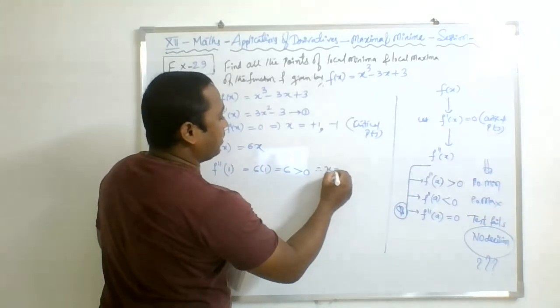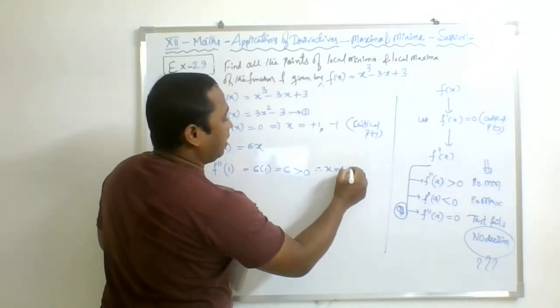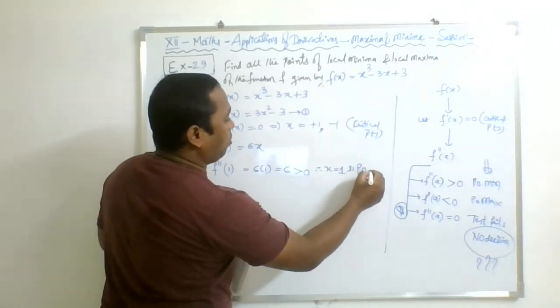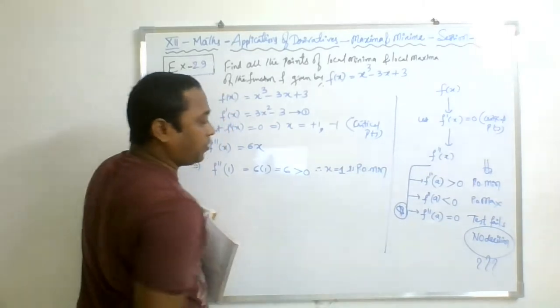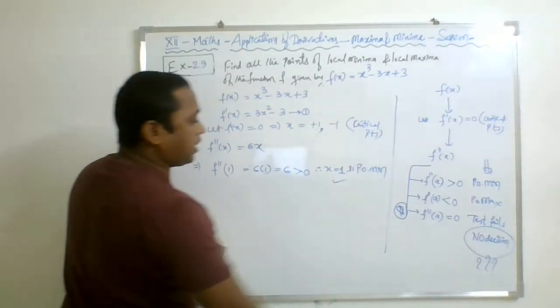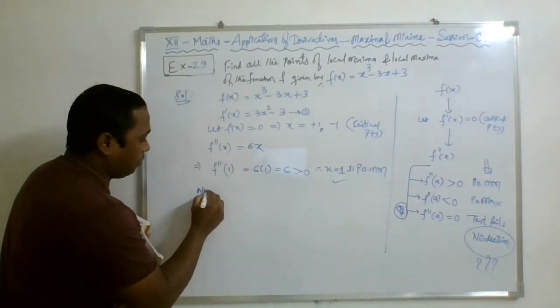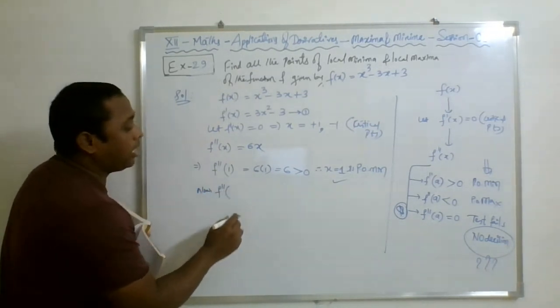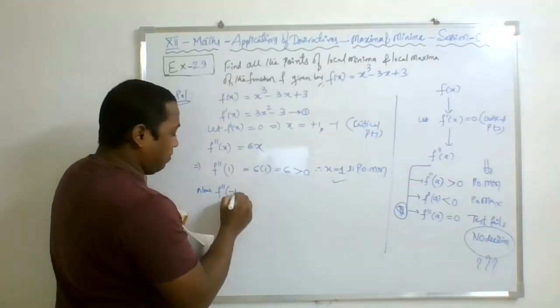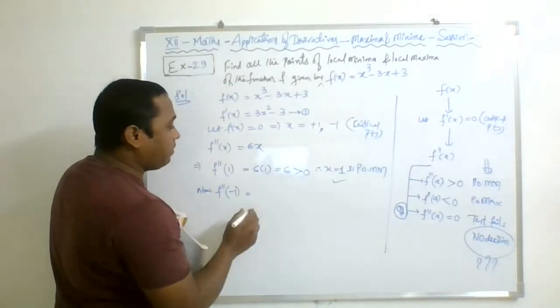Therefore, x is equal to 1 is the point of minima. Decision taken. Now put the other critical point, minus 1, in the double derivative.